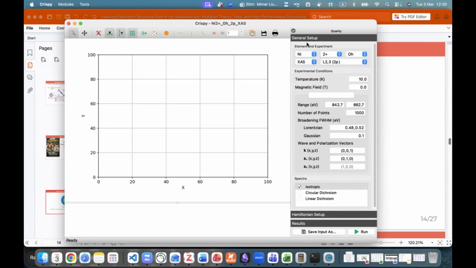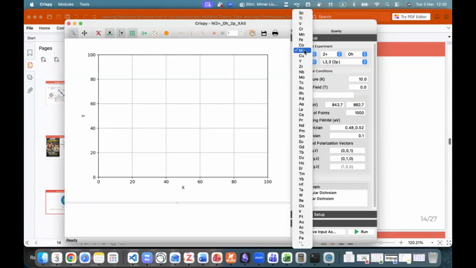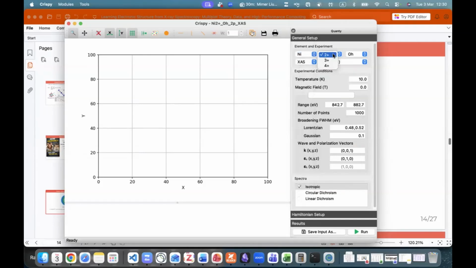If you want to set up, we use Ni2+ as an example. You can choose different element types and the formal valence state of the transition metal. And here is the point group. I think only those more commonly seen in crystals are listed.